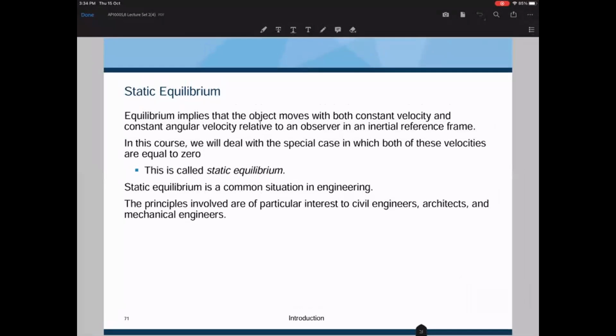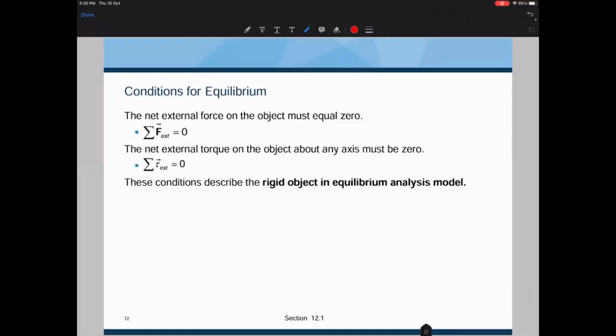So this is the static equilibrium we are talking about in the lecture notes for chapter number 12. In the case of the static equilibrium, we have the objects that are not moving at all.